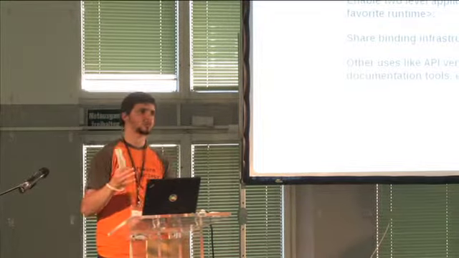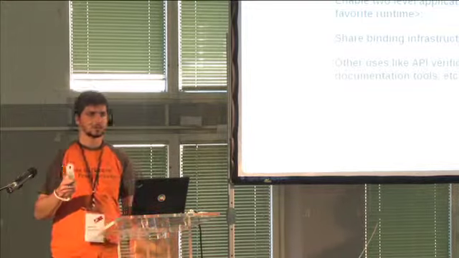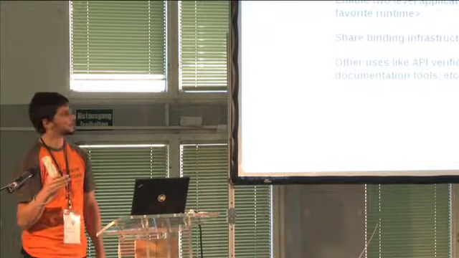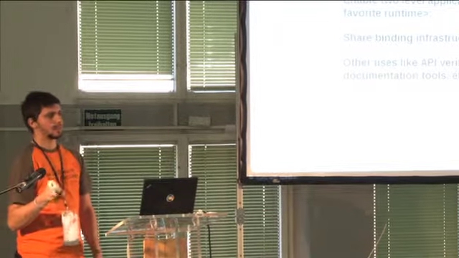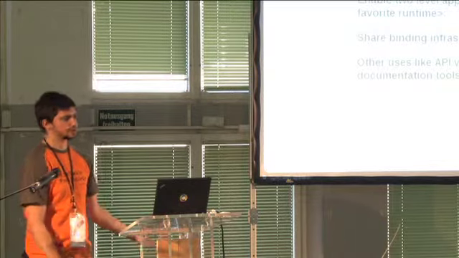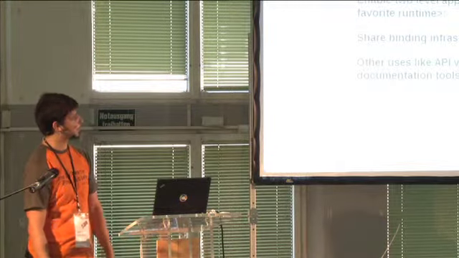Nowadays, if you have a library and you want to make it accessible in a scriptable language, you need to write a binding. And it's not the same for every library that you want to use. You need to create the bindings also.